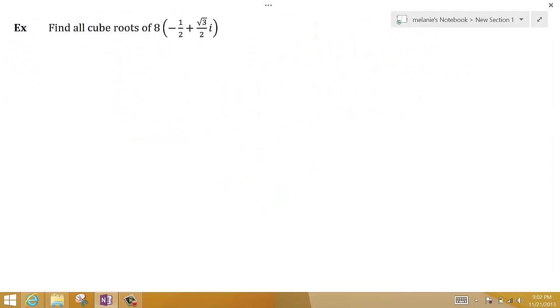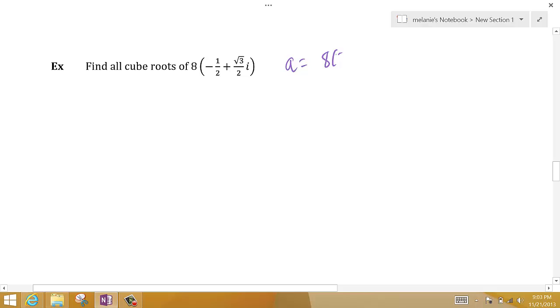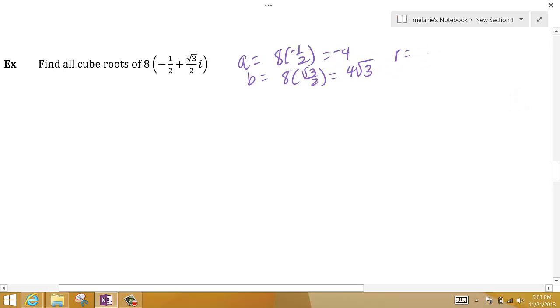Now we're going to find all cube roots of 8 times negative 1/2 plus root 3 over 2 i. A is 8 times negative 1/2, which is negative 4. B is 8 times root 3 over 2, so that's 4 root 3. And our r value is taking a squared plus b squared and putting it under a root, so negative 4 squared plus 4 root 3 squared, all under a root.